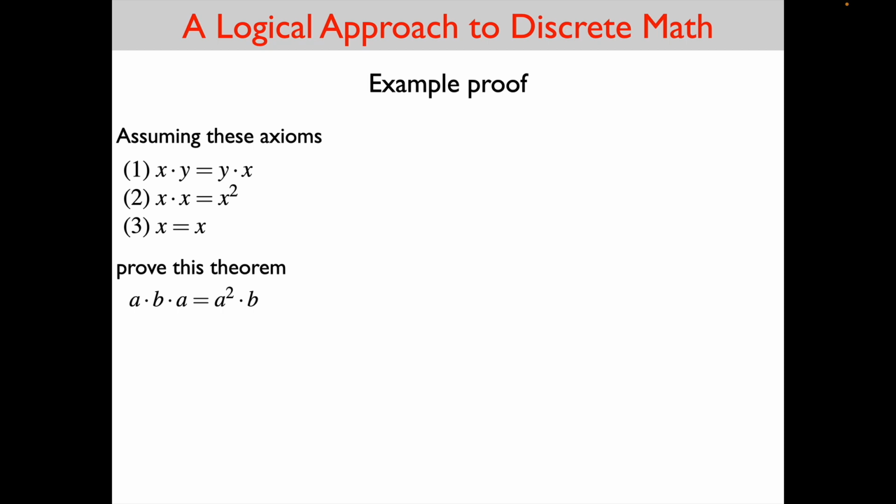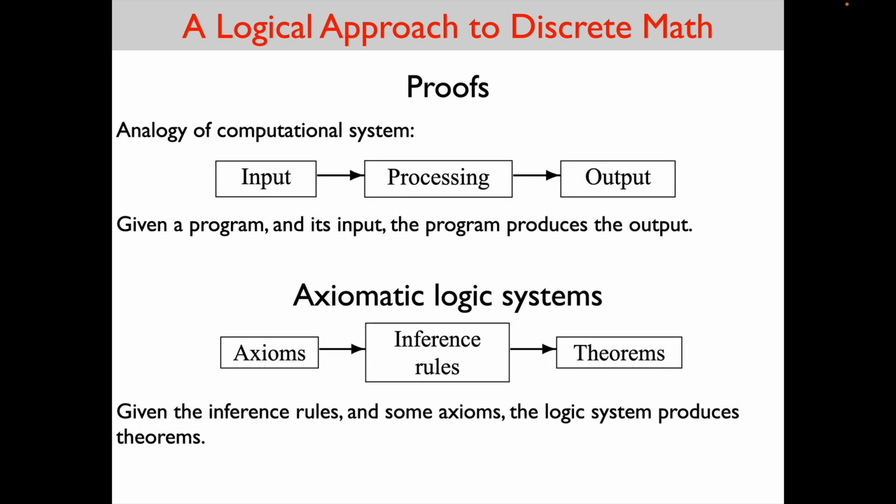Now before we get into the details, check this out. Do you see this word axiom? And you see this word theorem? Where have we seen that before? Do you remember this from last time? We said that axiomatic logic systems use inference rules to produce theorems from axioms. So here's our first example of a proof that starts with some axioms and then produces theorems.